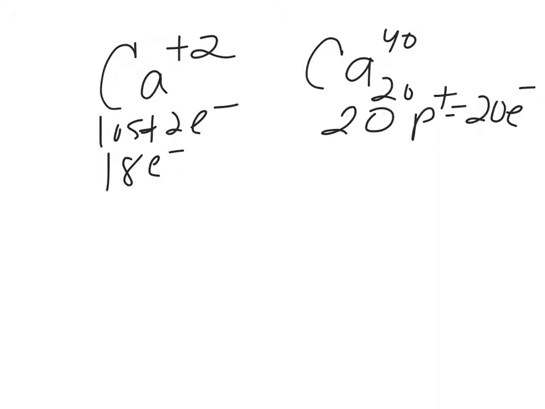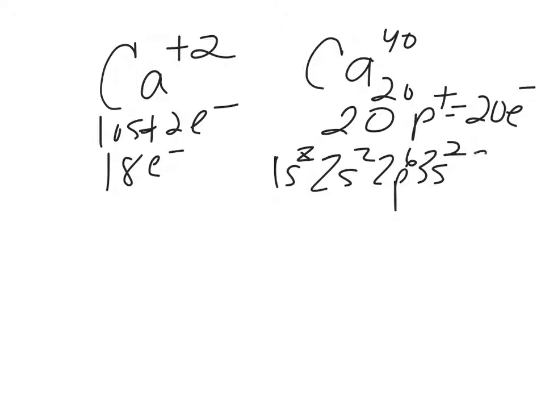So if I wrote my electron configuration out for calcium, it would look like this: 1s2, 2s2, 2p6, 3s2, 3p6, 4s2.